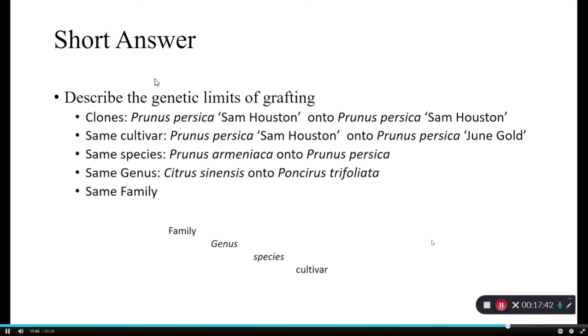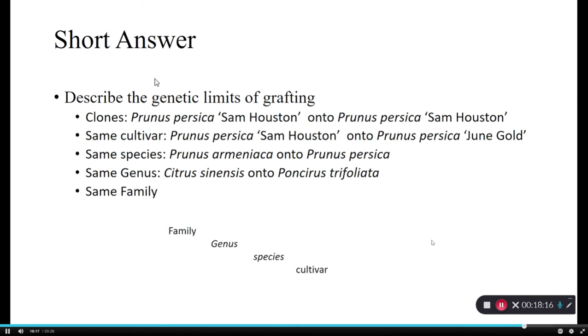The less likely they are to heal and form one composite plant. So in other words, if it's clones, Sam Houston peach onto Sam Houston peach, no problem, should be 100% success. If I'm grafting 2 different clones onto each other, same genus species, I should still have a very, very high percentage of success. And the example I gave you there was grafting a Sam Houston peach onto a June Gold peach.